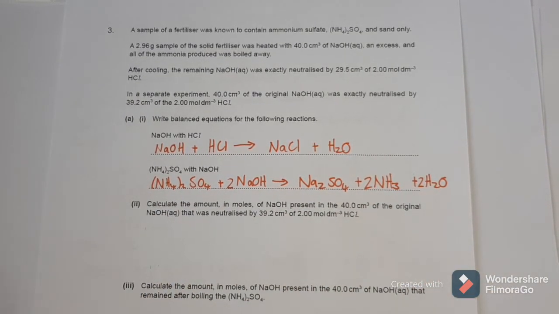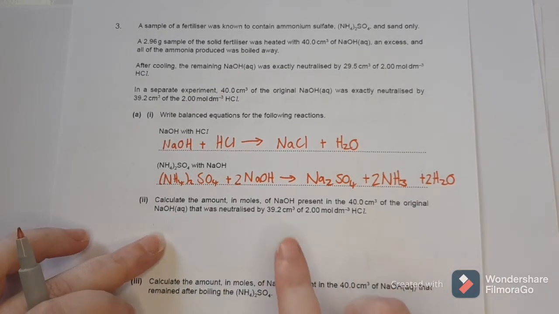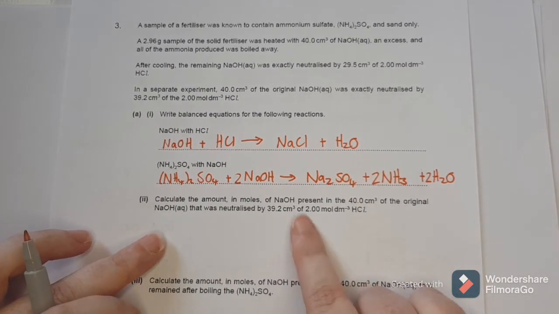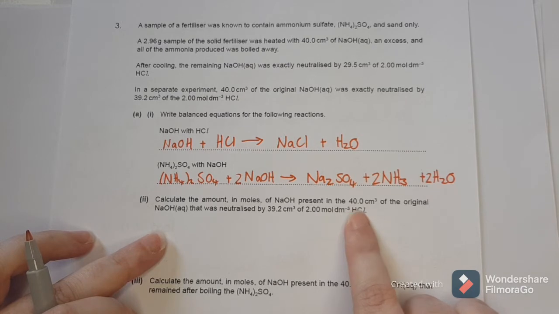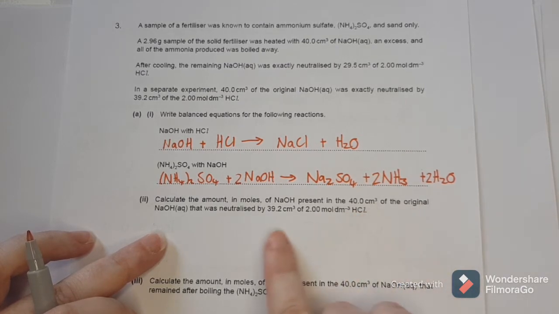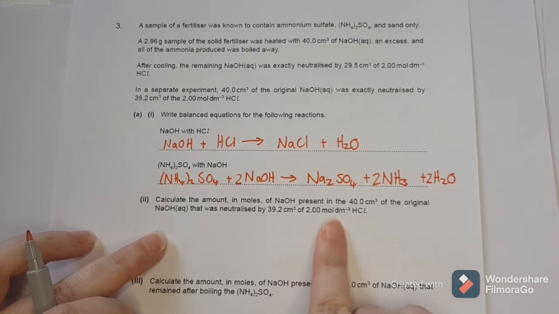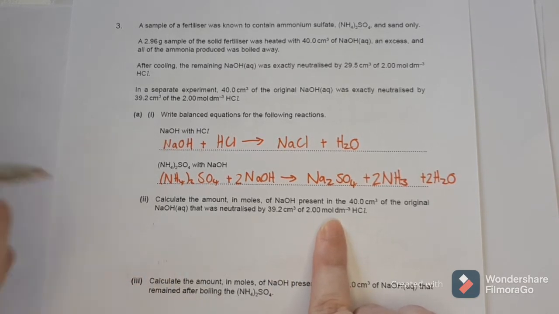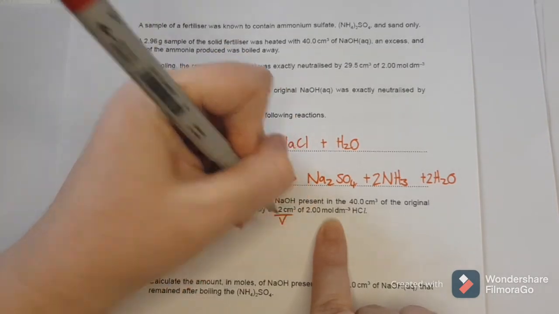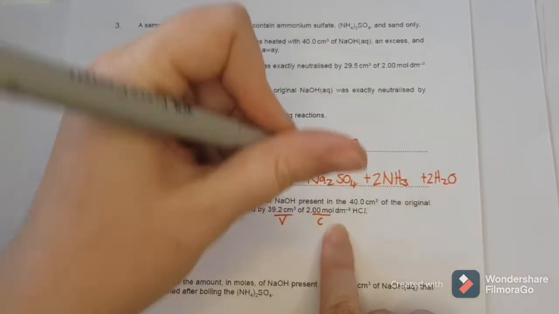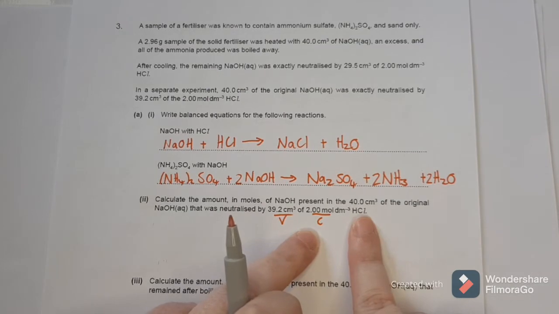So now we need to calculate the amount in moles of the NaOH present in the 40 centimeters cubed of the original NaOH that was neutralized by 39.2 of the 2 mole HCl. So I have the volume and the concentration of the HCl.